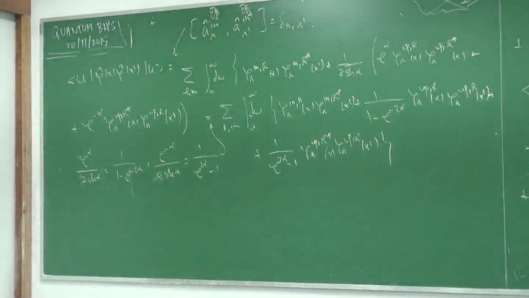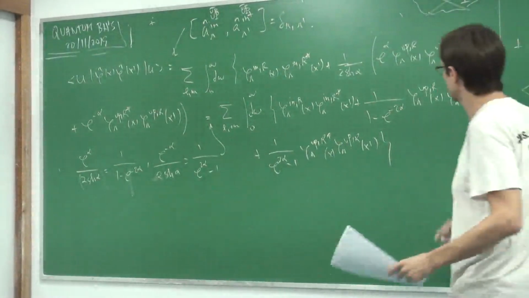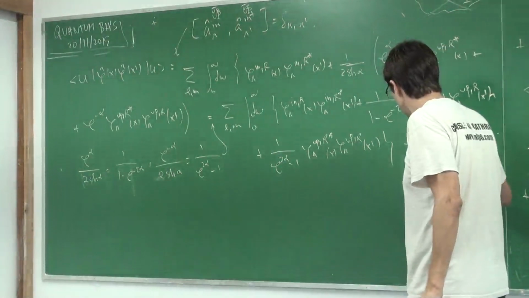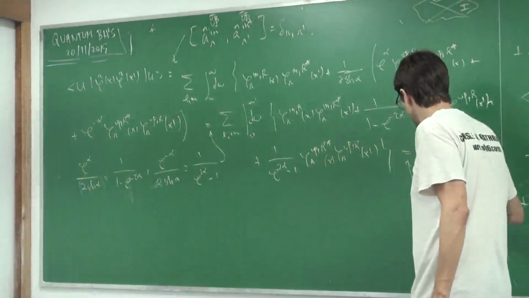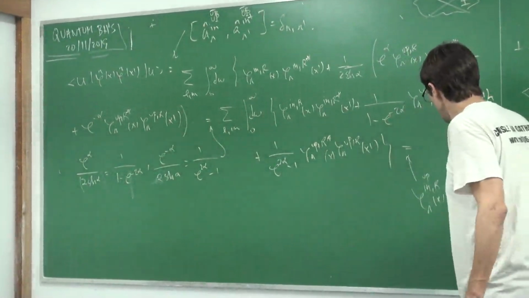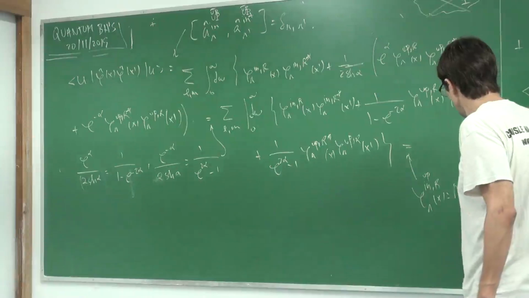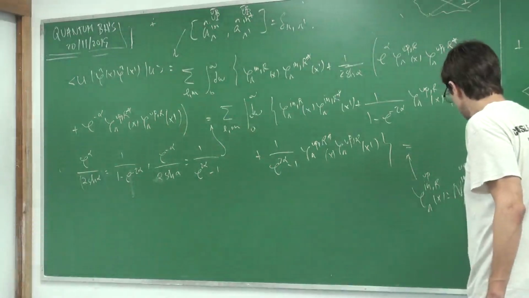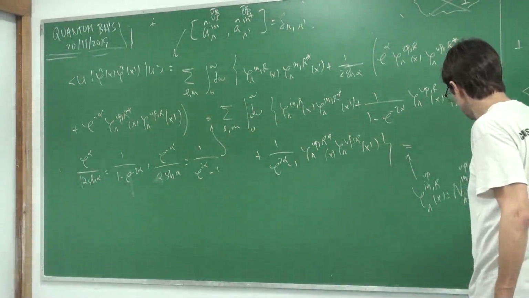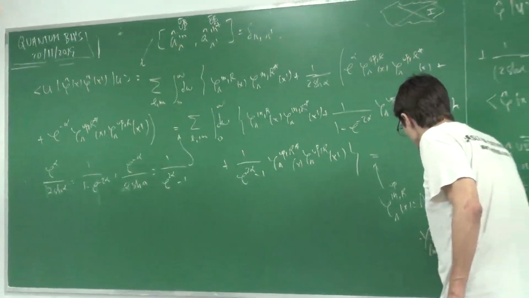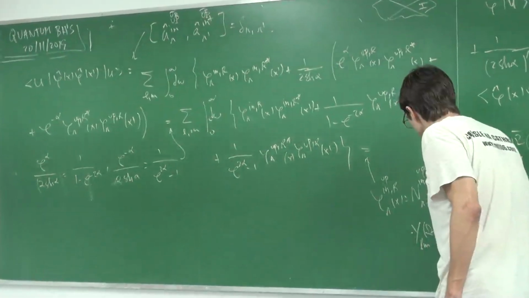Now you put in the explicit expressions for phi in and phi up. This is just the n in or up times r in or up times y times exponential of minus i omega.